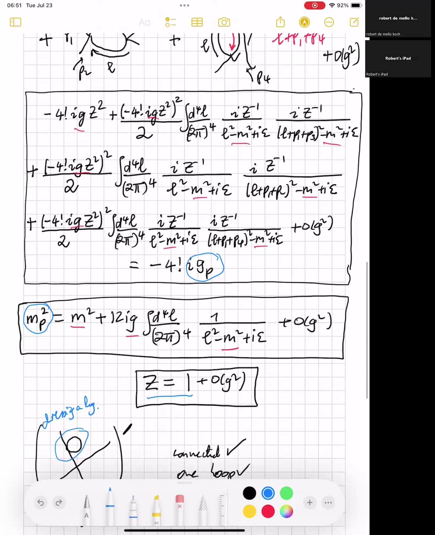Now, for simple diagrams, you get some numerical value. But for more complicated Feynman diagrams, you're typically left with some integrals over what are called Feynman parameters. And those do need to be performed numerically, but they can be performed numerically.